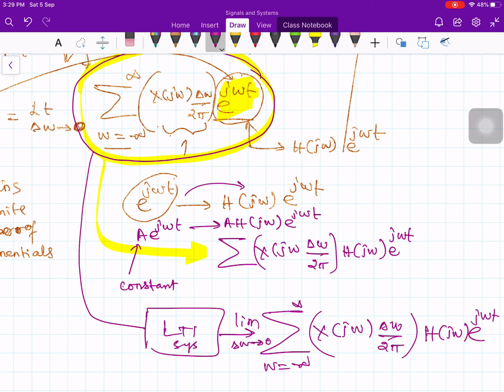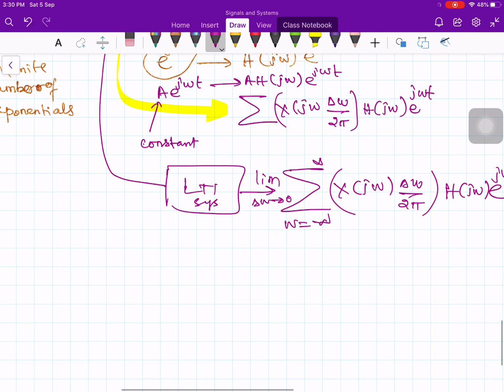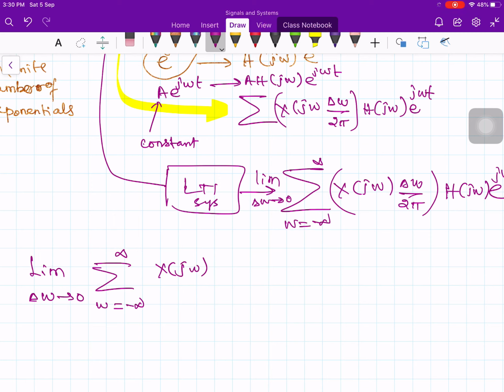Okay, so therefore the input to the system is limit delta omega goes to 0, summation of omega is minus infinity to plus infinity, x of j omega delta omega over 2 pi times e to the j omega t. Now what is the corresponding output?